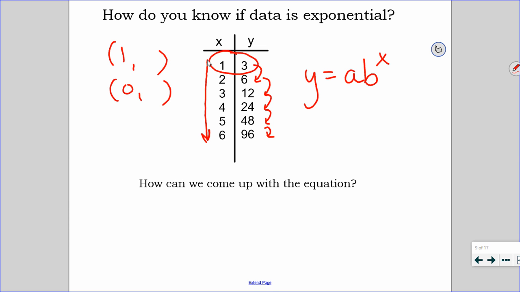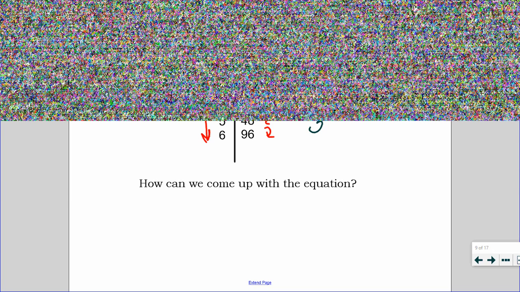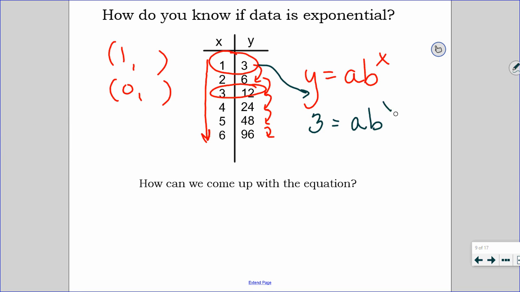So Travis, pick another point for me. 3 and 12, okay? So these are going to be our 2 points that I'm going to use. I've got an x, I've got a y, so I'm going to plug it in. I'm going to take my 1 and my 3 and plug it in: 3 equals a times b to the first power.